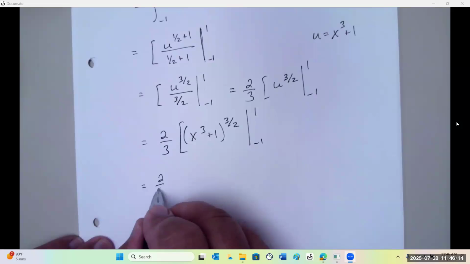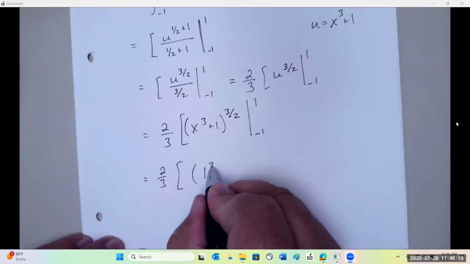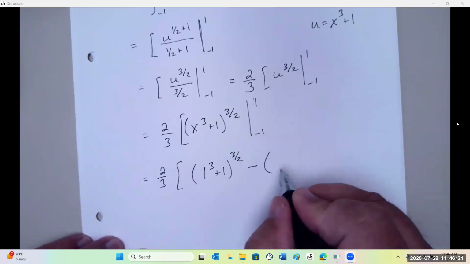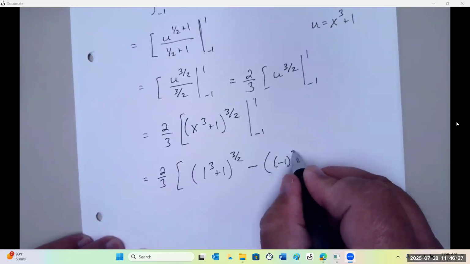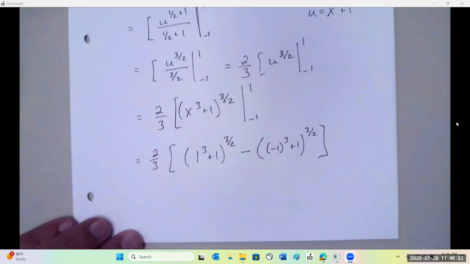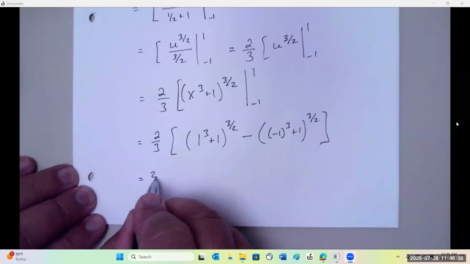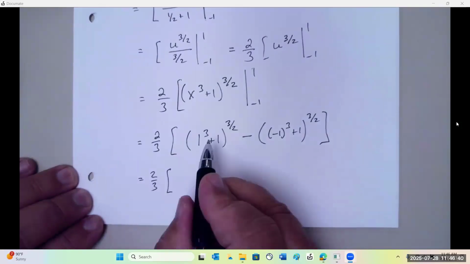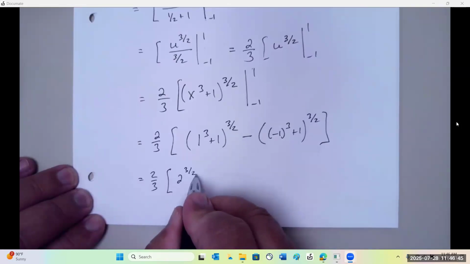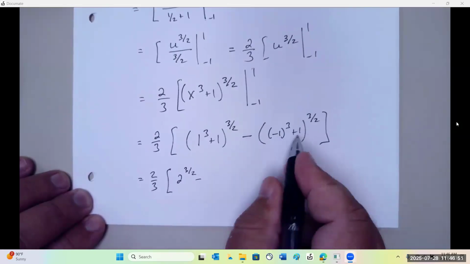So we have 2/3. On the first one, it's 1 cubed plus 1 to the power 3/2 minus -1 cubed plus 1 to the power 3/2. One cubed is 1. 1 plus 1 is 2. -1 cubed is -1. -1 plus 1 is 0.